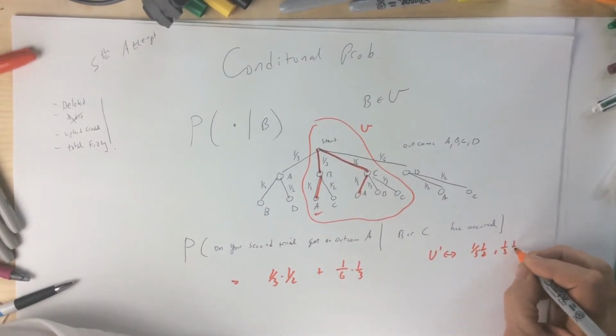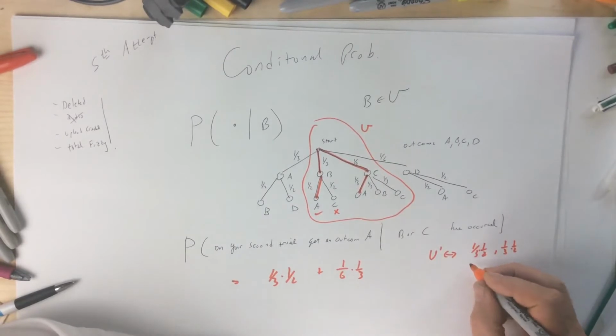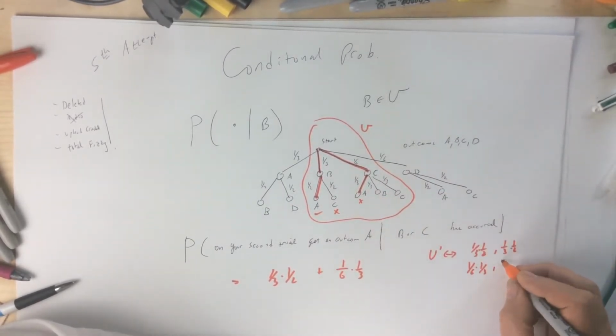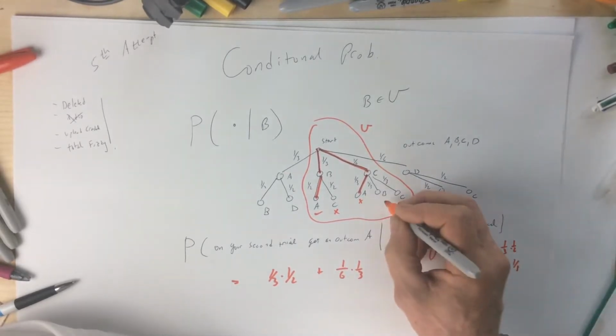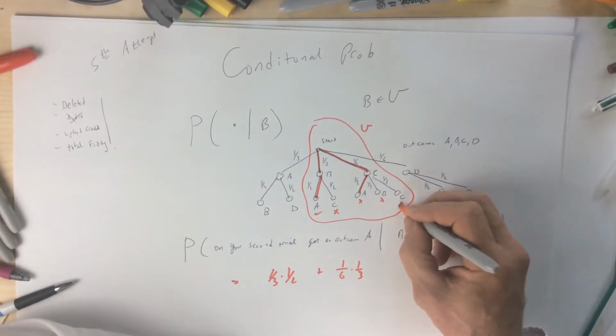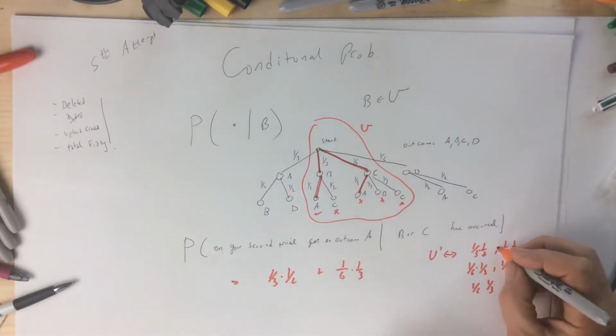It has a 1/3, 1/2 to reach here. It has a 1/6, 1/3 to reach here. It has a 1/6, 1/3 to reach here. And it has a 1/6, 1/3 to reach here. So your universe has a set of probabilities.